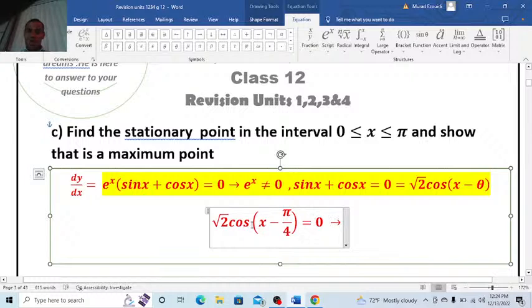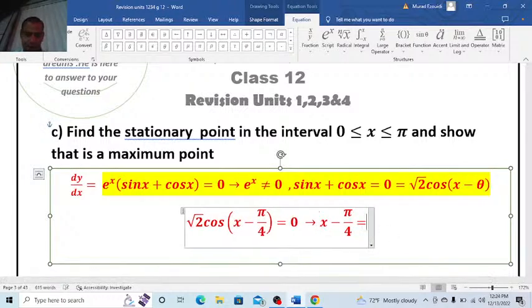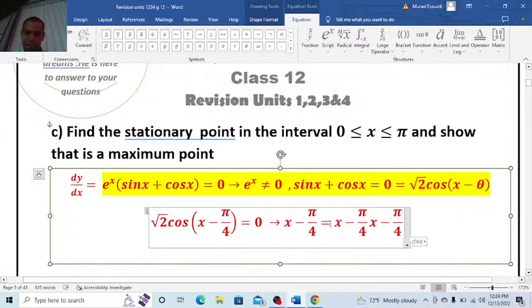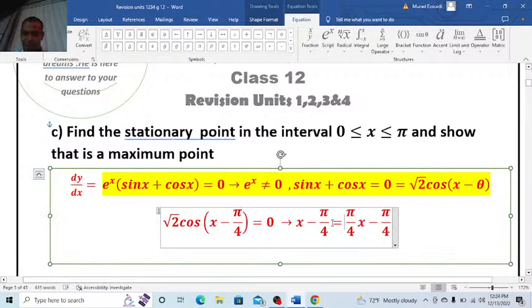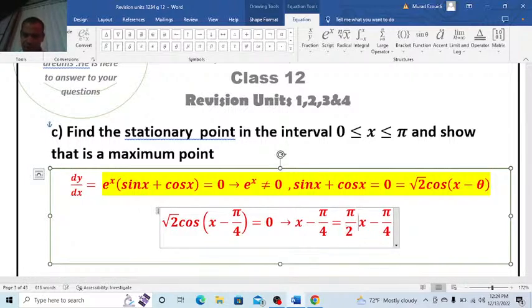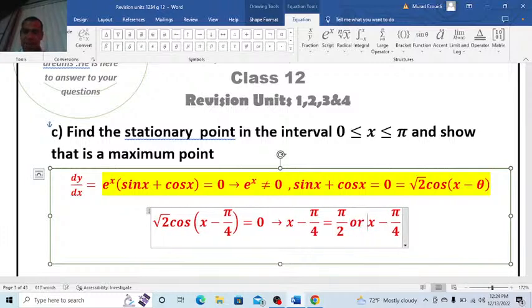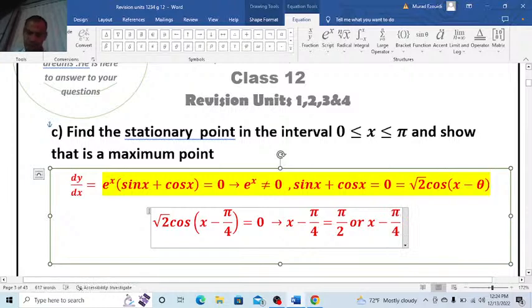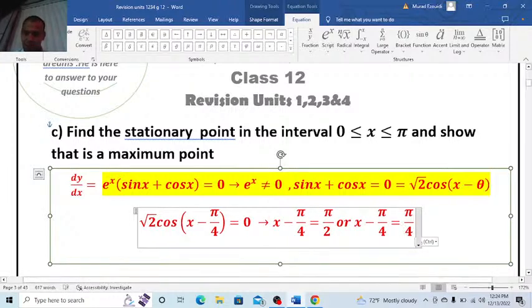Therefore x minus pi over 4, my learners, should be equal to pi over 2, because cosine of pi over 2 is 0, or x minus pi over 4 is equal to 3 pi over 2.